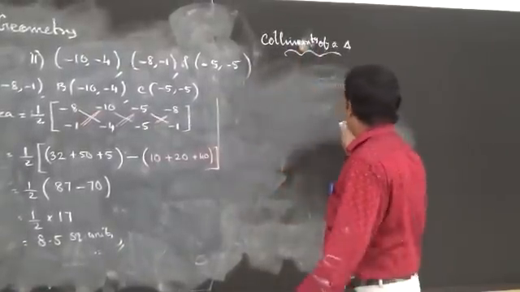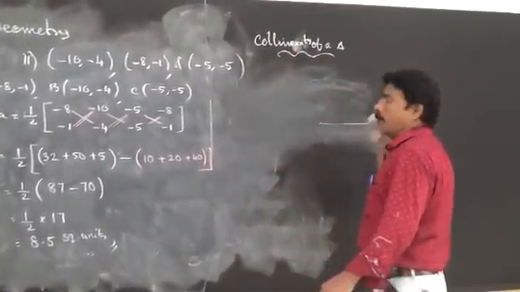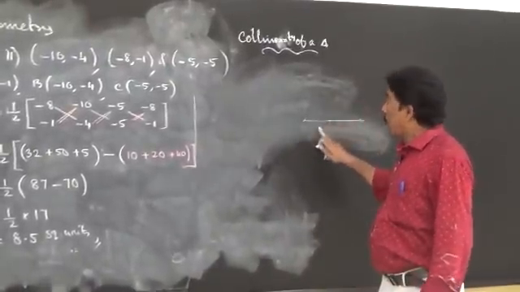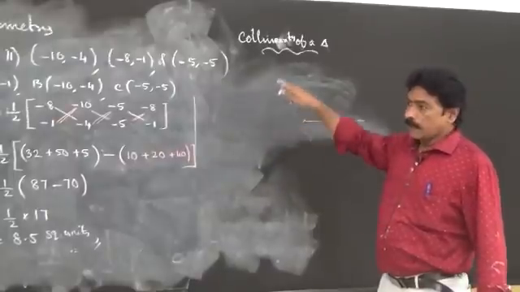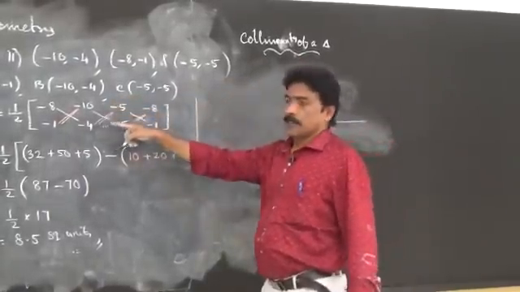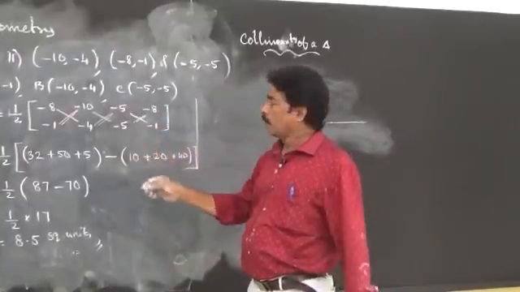When 3 points lie on the same line, can you form a triangle? We cannot form a triangle because there is no height. So what is the condition for collinearity? The area is 0, because we cannot form a triangle, so the area is automatically 0.